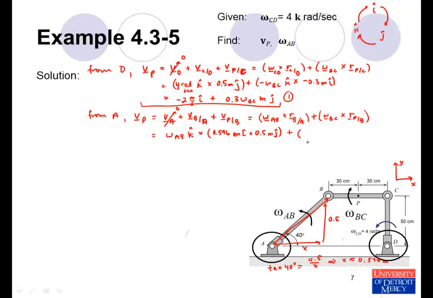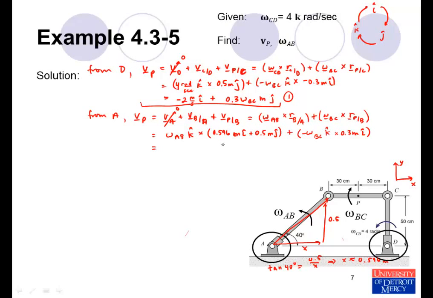And then for the other cross product, again, we don't know what omega BC is. It's a variable, but we've assumed that it's in the negative k direction. And the position of P relative to B, we draw that position vector from the origin towards P. It's in the positive i direction with a magnitude of 0.3 meters. We then can perform these cross products.